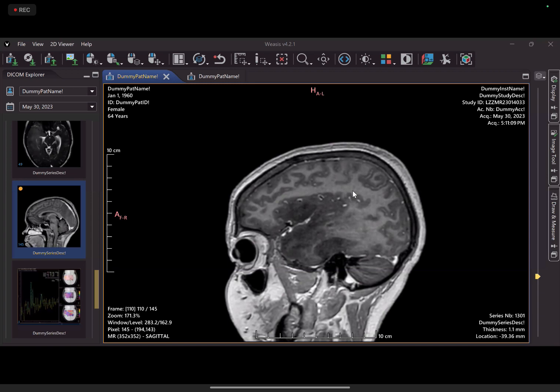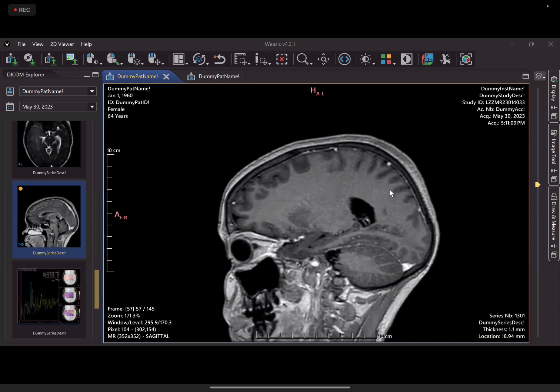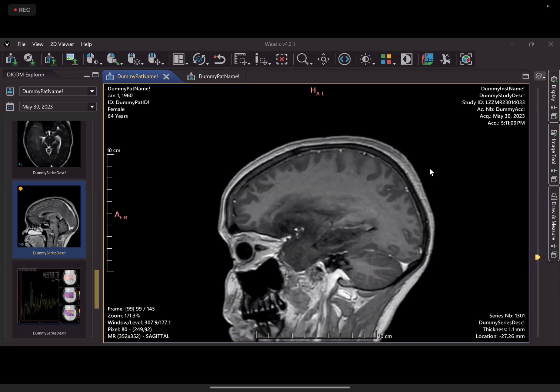So basically, this is the cingulate gyrus. This part is the medial parietal lobe, and the lateral part of the brain, this is basically teaching anatomy. This is the part of the frontal, and this is the part of the temporal lobe. This area contains many important structures: the supramarginal gyri, angular gyri, and superior and inferior parietal lobules. So this is very important. You go back and read your anatomy. There is no tumor in the parietal lobe. So you have to look in all three planes to see what part of the brain you are looking at.